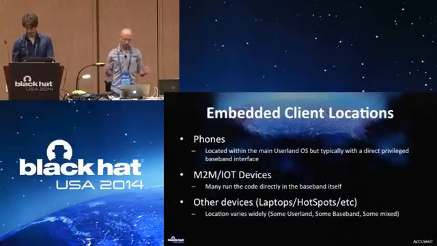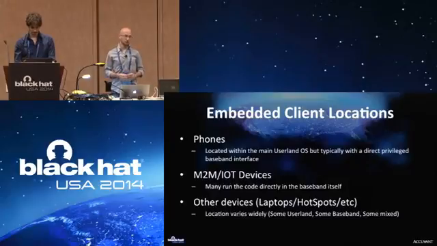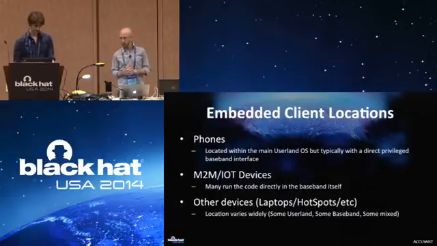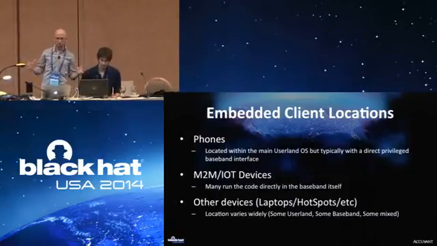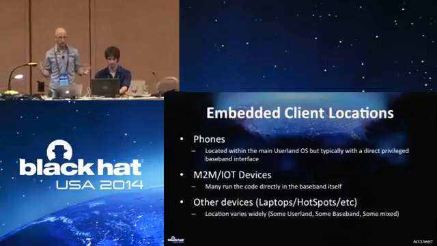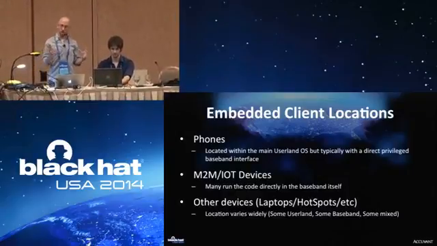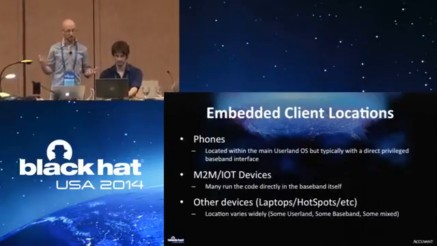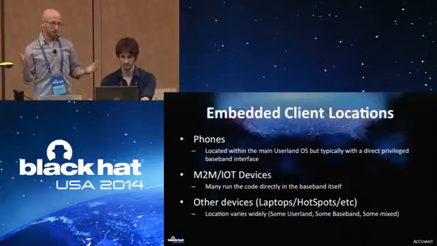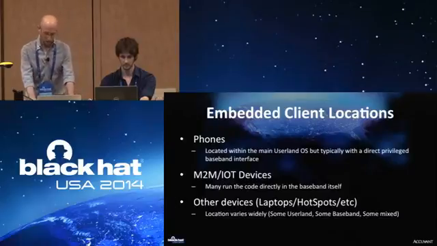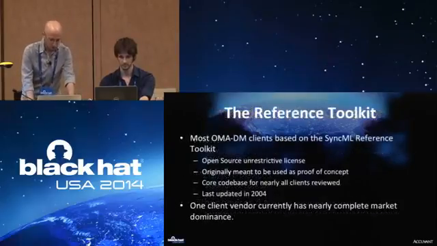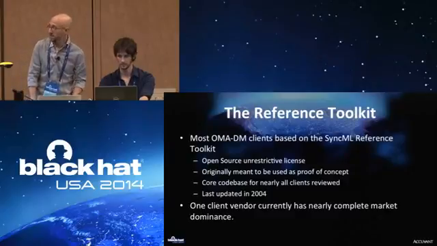On embedded M10 devices, the code actually runs directly in the baseband. So we've got a carrier-controlled piece of code running directly in your baseband. On other devices, it really depends. I've seen it on hotspots where it's in the baseband, I've seen it where it's in userland, and some mixes, partially. Can't quite tell.